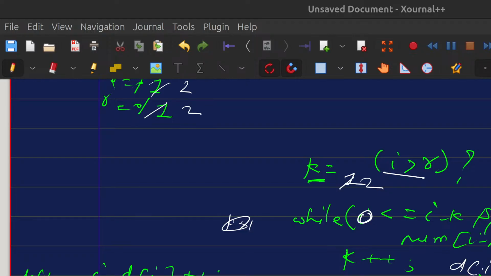Okay, it's not a very efficient solution here. It's accepting but not a very efficient one, right?